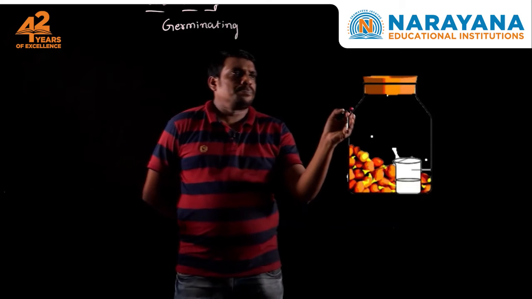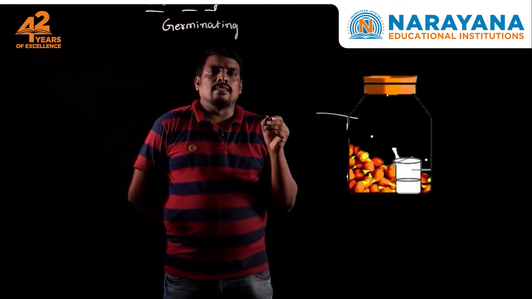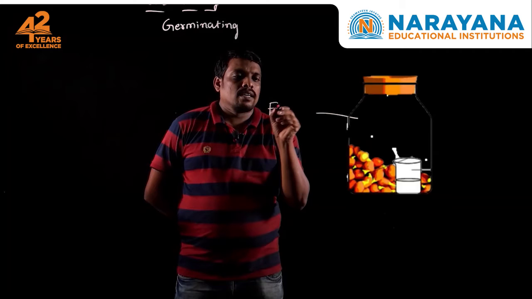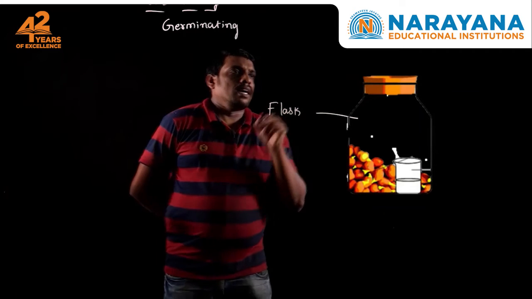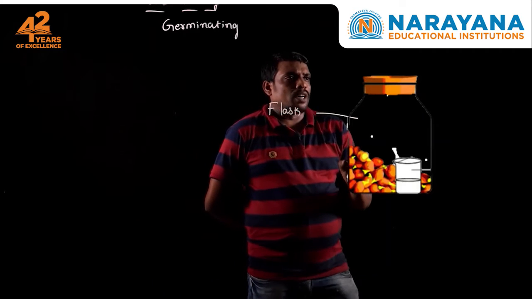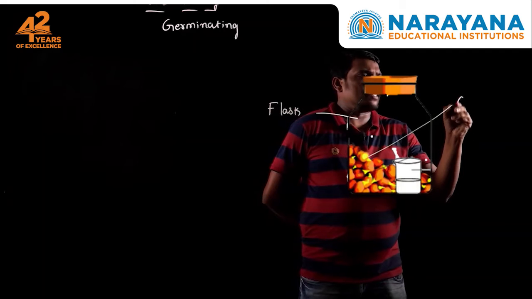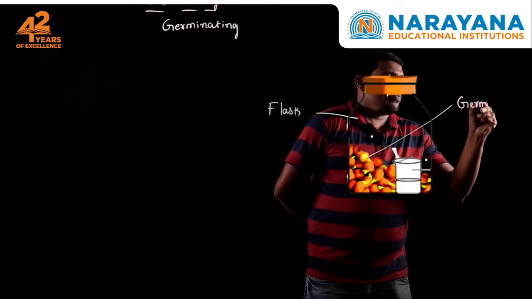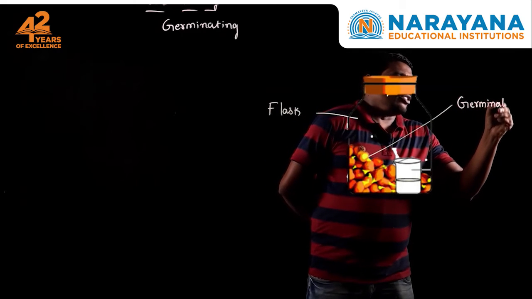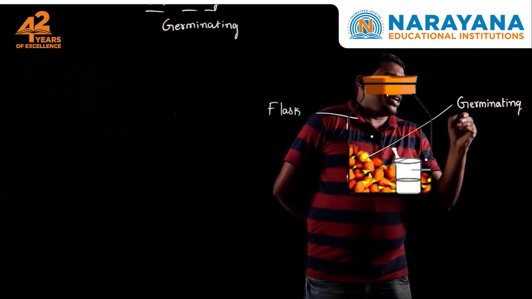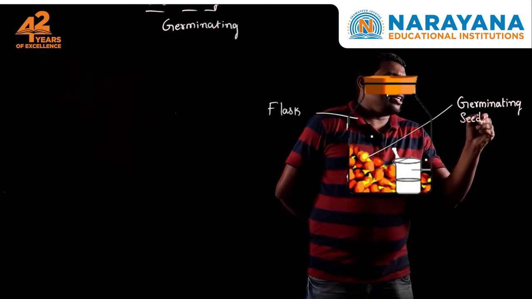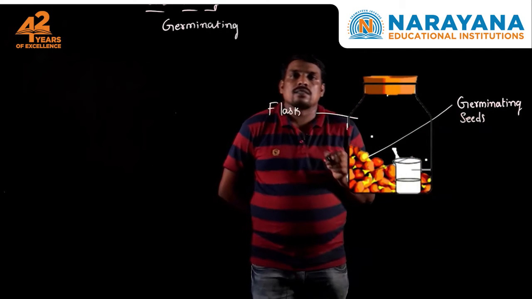Let us take a flask, and here we have to take some germinating seeds inside this flask. We can take the flask or any transparent glass jar.